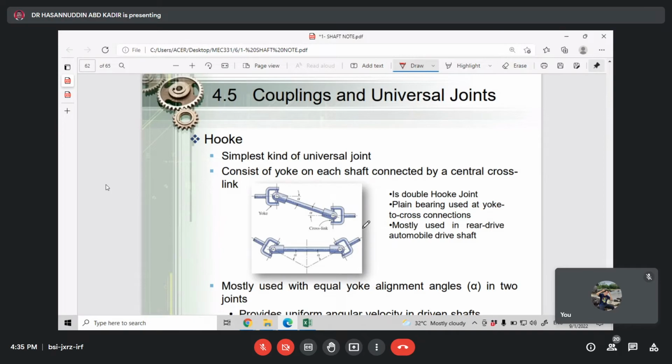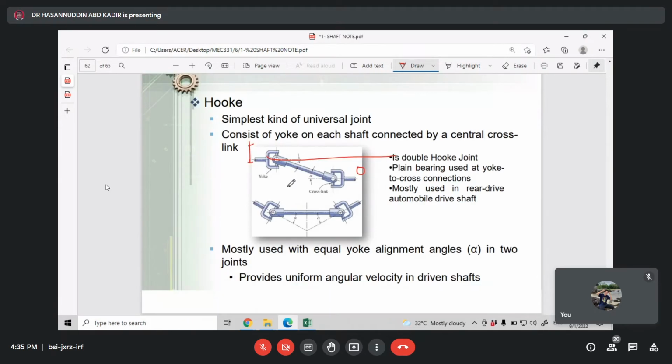Okay, straight line tu maksudnya the shaft cannot be straight. And then because different, let's say ini input akan menghasilkan output kat sini. So kita bukan straight line kat sini because of different design there. So they ask you to apply this universal joint hook, bahagian sini kita panggil hook.